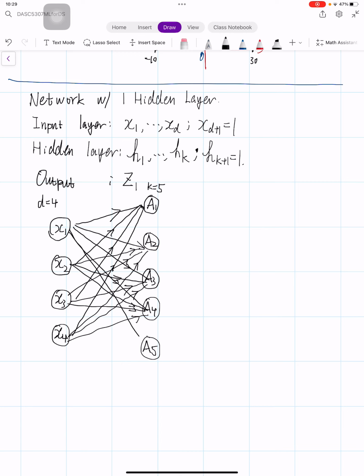Lastly, A5, the last hidden unit, is also a linear function of all the input features.